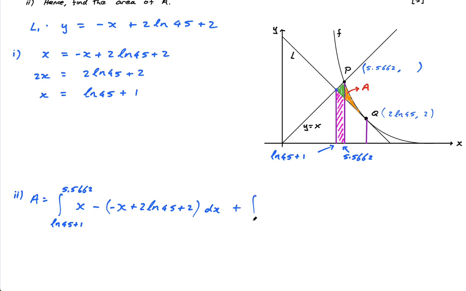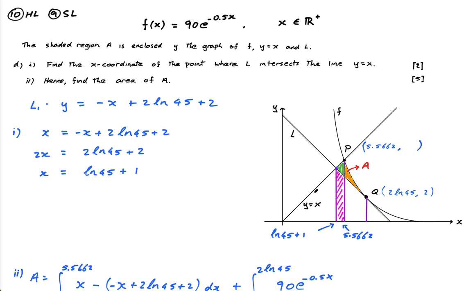This second integral, which would be the orange area, has a lower limit of 5.5662 and an upper limit of 2 ln of 45. And this is the integral of f, which is 90 e to the minus 0.5x.